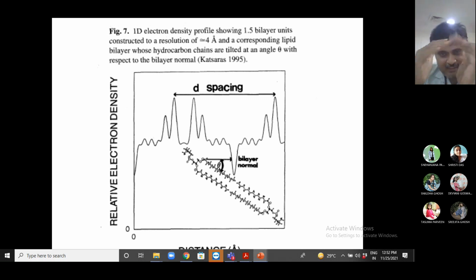If they start moving like a fluid, then this technique will not work. But if it is crystalline, semi-crystalline or gel phase, where they are located at a particular location, then by applying X-ray we can find out the spacing between the phospholipid head groups and the angle by which these lipid groups are tilted.